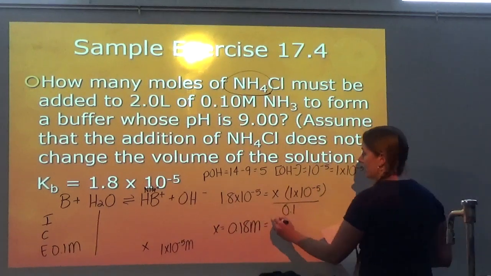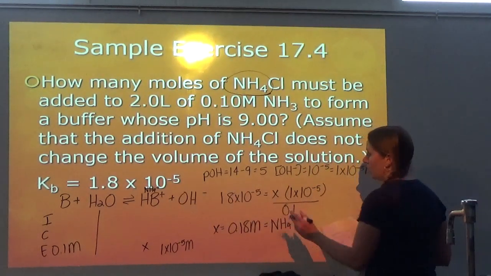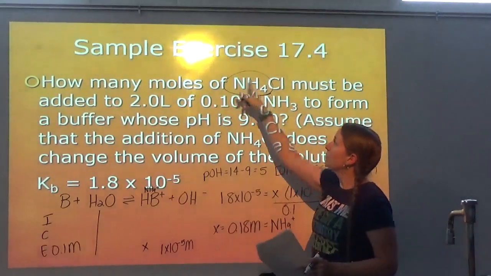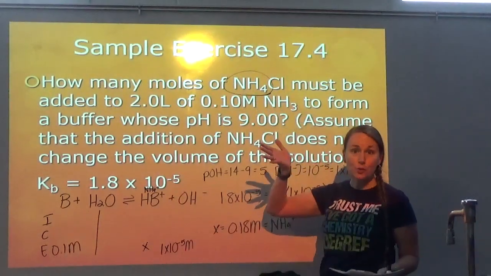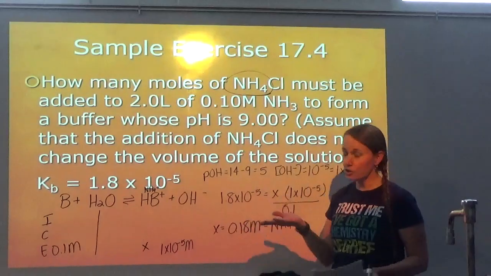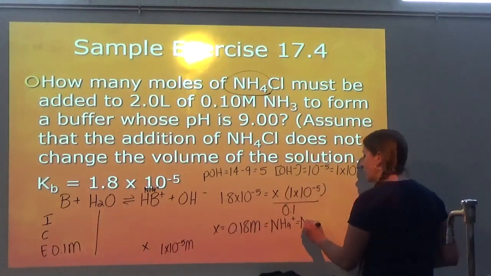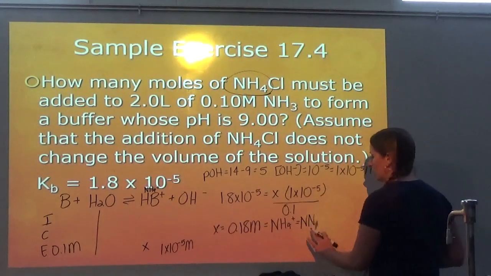That is how much NH4 positive. Remember you have to be careful, because if for instance this had a parentheses and a 2, it wouldn't be equal to the concentration of this. But because it is 1 to 1, that is equal to the concentration of NH4Cl.